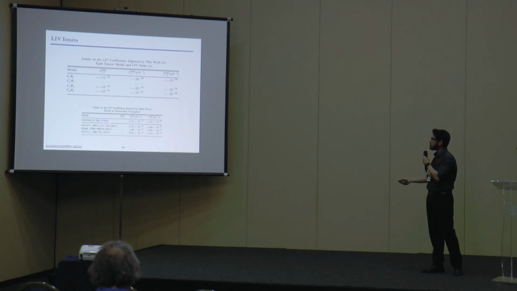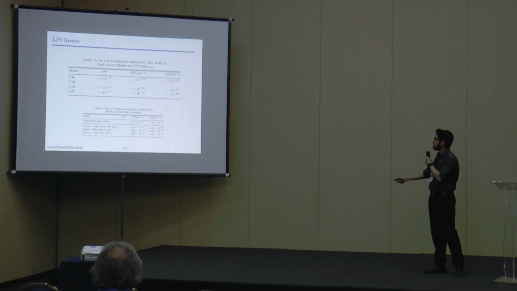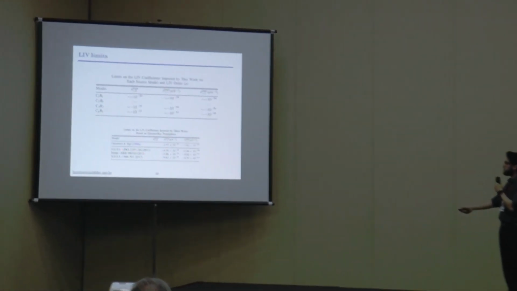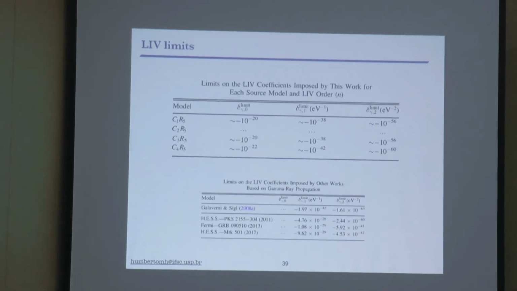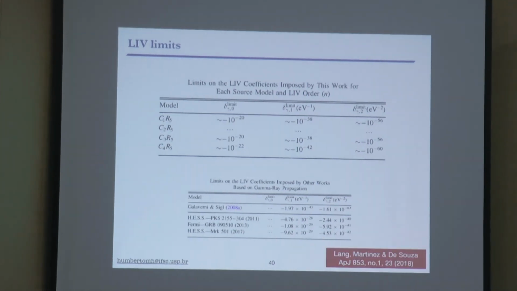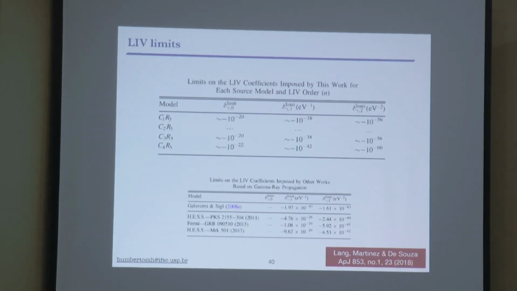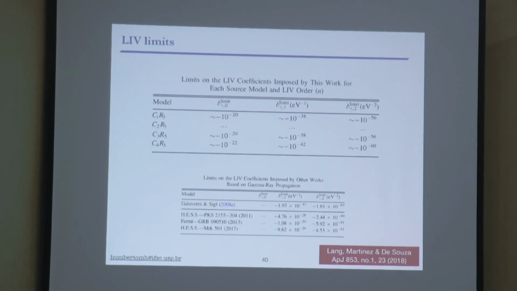Notice that they were made in 2008, at the beginning of Pierre Auger. Also, you can compare with the limits set by some TeV techniques. We have recently published this work in the Astrophysical Journal at the beginning of the year.